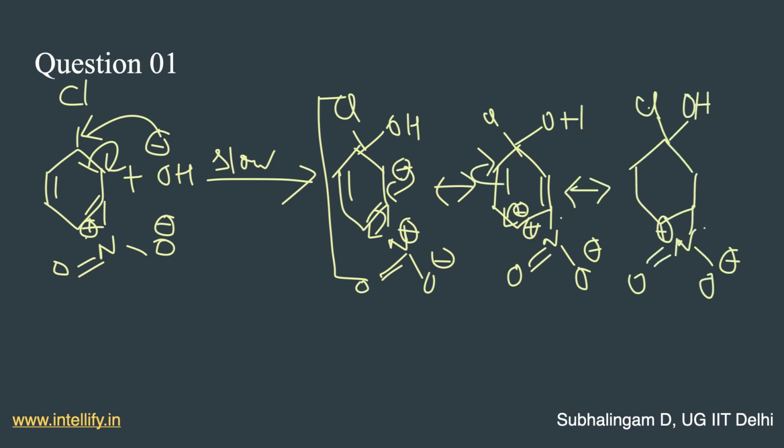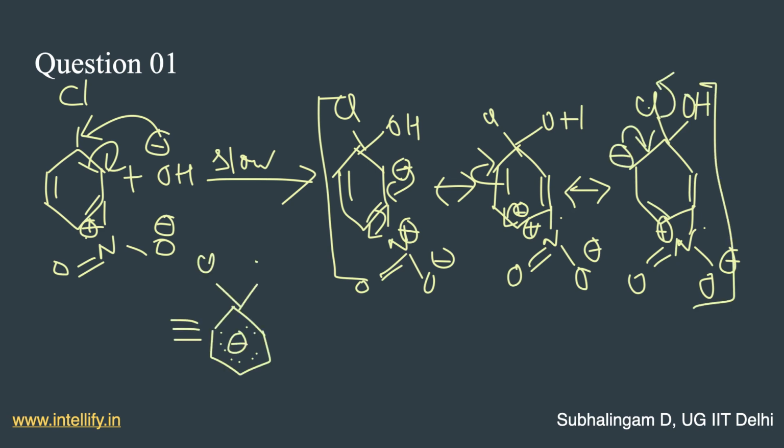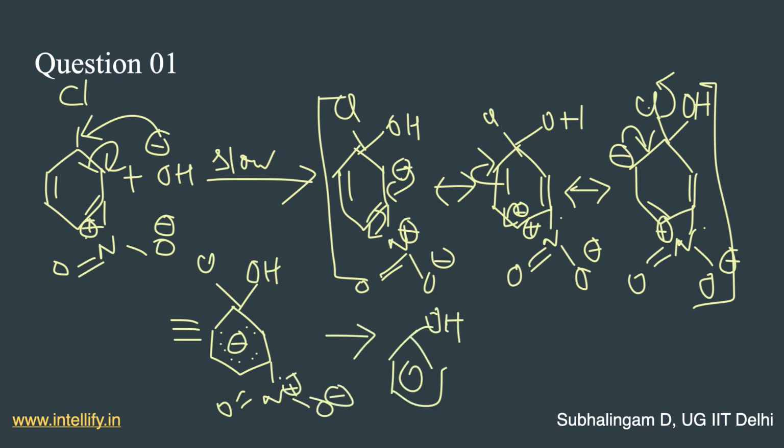I think you can do it by yourself. It's a similar thing. And yeah, so we get similar canonical structures and finally we have this. Now the negative charge doesn't come under the meta position, and the N in the nitro group is positively charged.